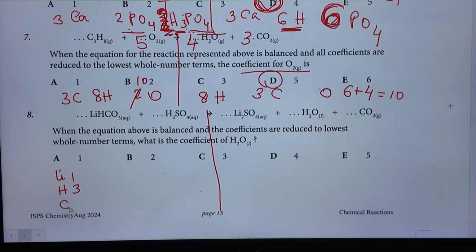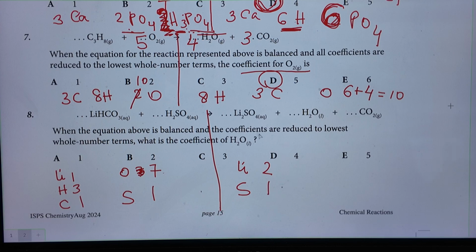So here, carbon, it's 1. Oxygen is 3. No, oxygen is 7, because of this 3 and then this 4. Hydrogen, did we count these 2? We did. 1 plus 2 is 3. And sulfur is 1. Here I have Li is 2. S is 1.